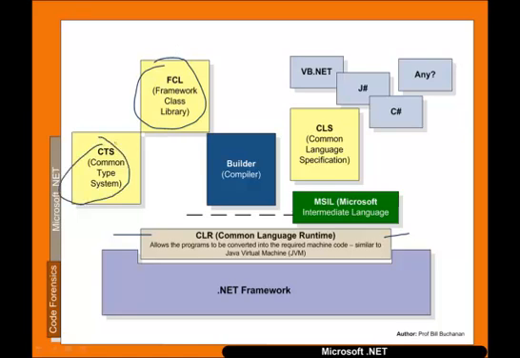We have a common type system where we have standard definitions for integers, floats, and so on. And also we have a common language specification which allows .NET to be built through most types of languages: C#, VB.NET, F#, Fortran, Delphi, and so on.